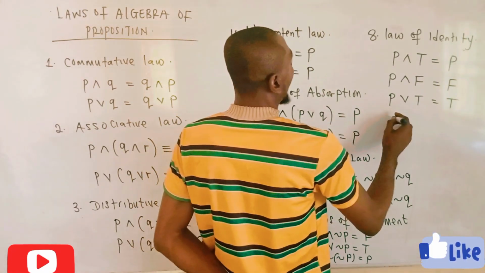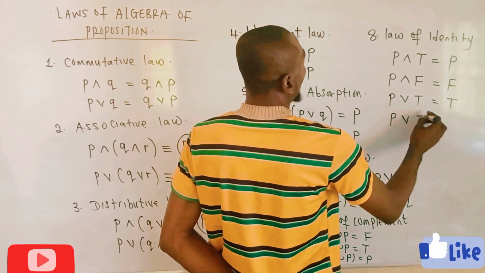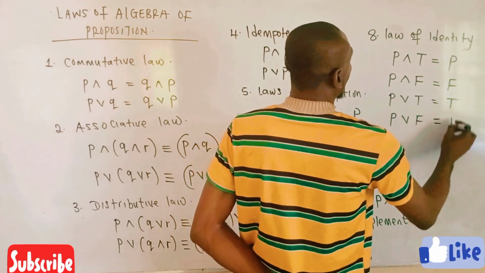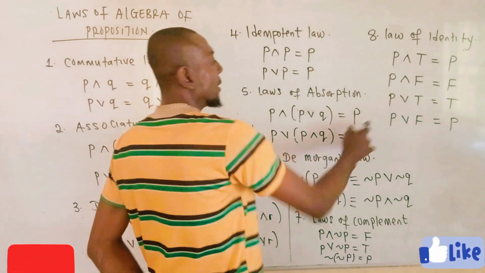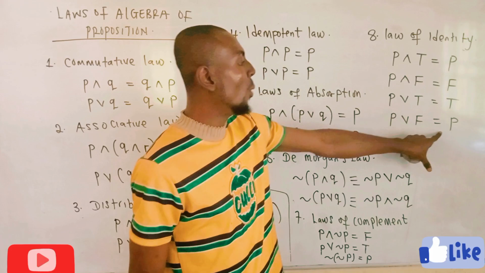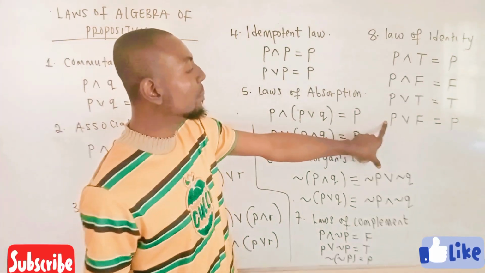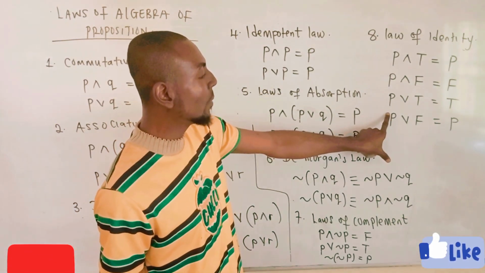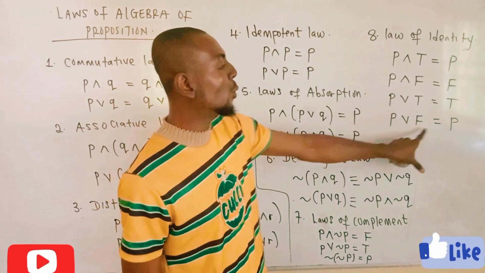Okay? So we have P or false. P or false depends on what P is, because if P is true, then true or false will be true.